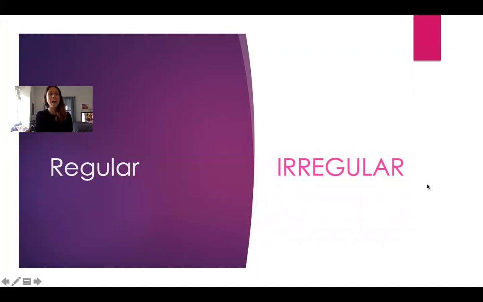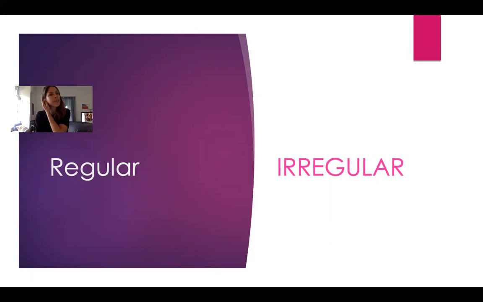Okay, now we're talking about regular and irregular. So our first group was common and proper. Our second category, that's the word I was looking for, the second category was singular and plural. And now we're talking about regular and irregular.